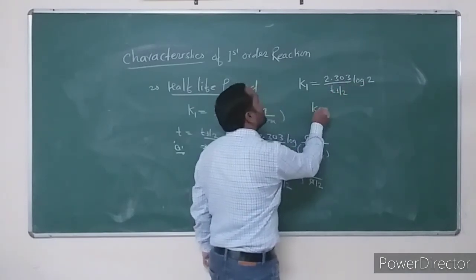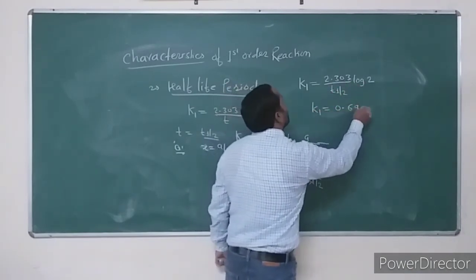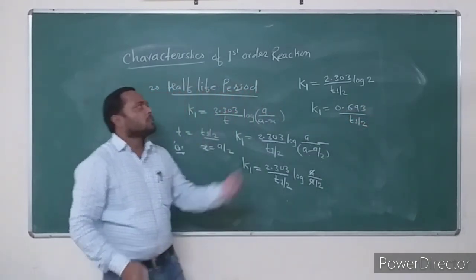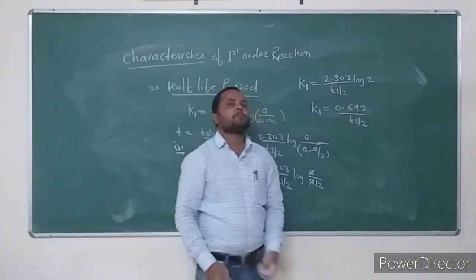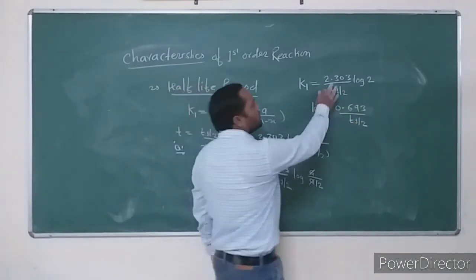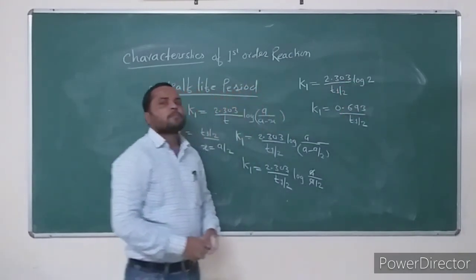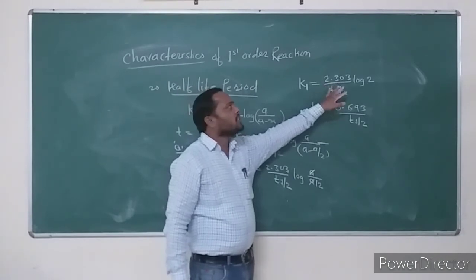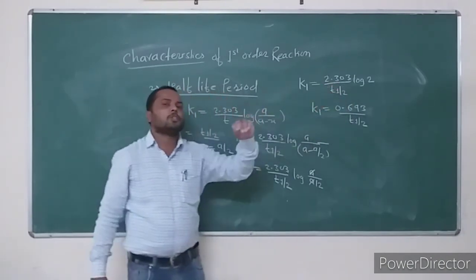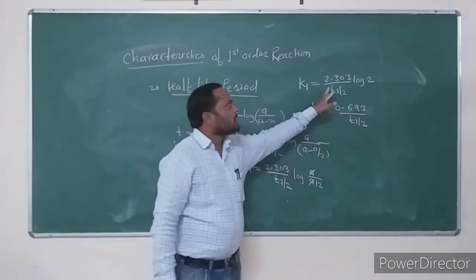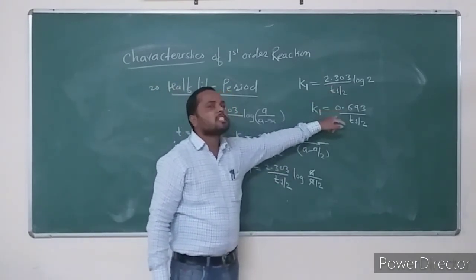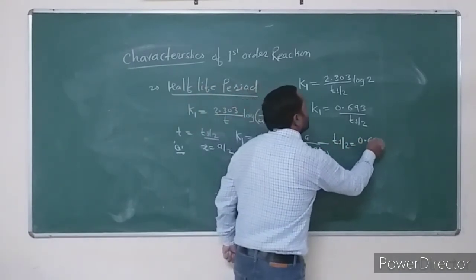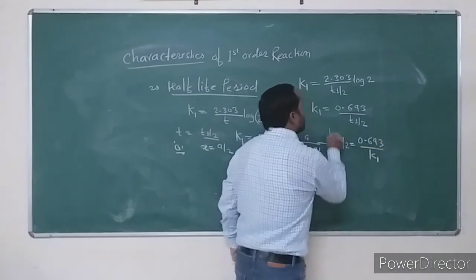Then 2.303 into log 2, where log 2 is 0.3010, becomes 0.693. So k1 is equal to 0.693 divided by t half, and half-life period is equal to 0.693 divided by k1.